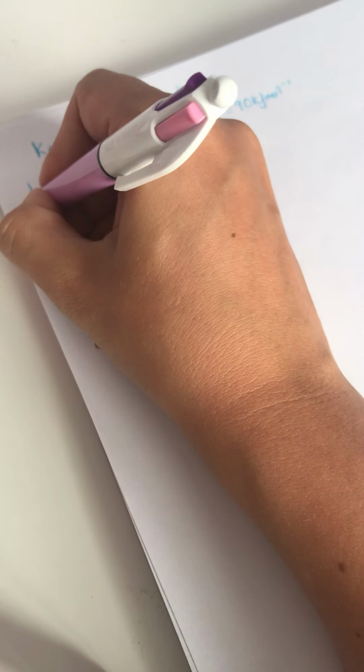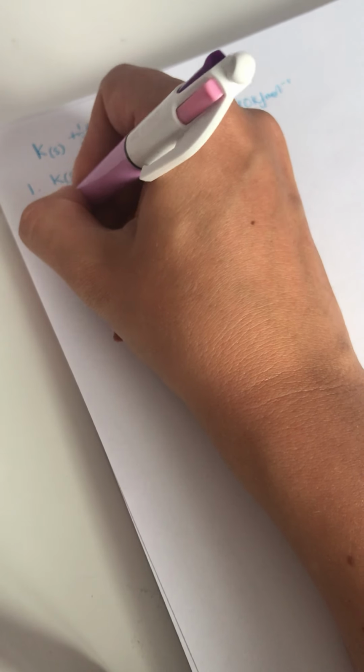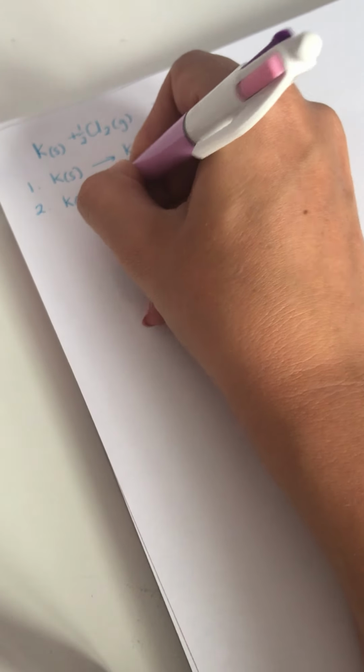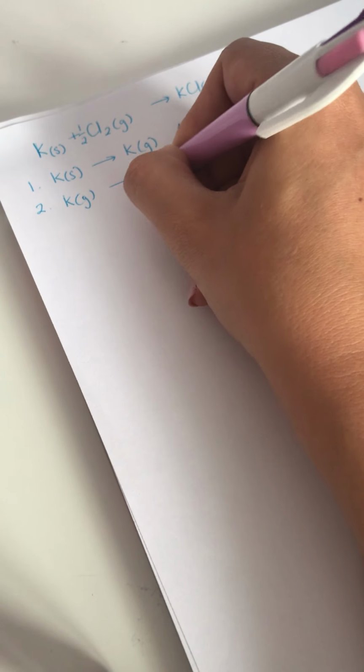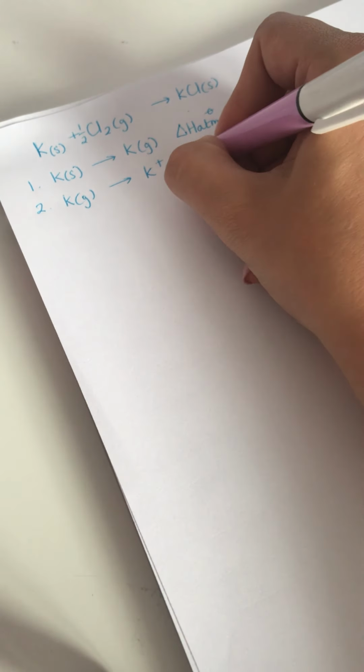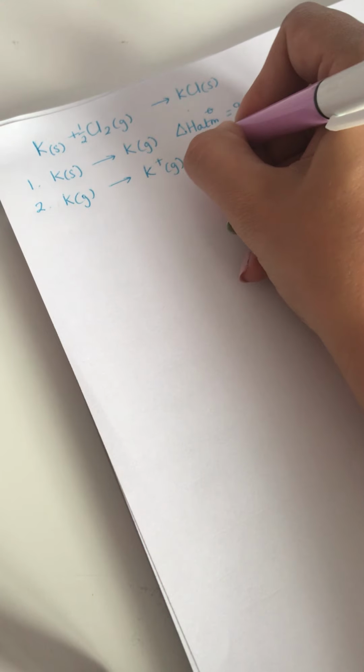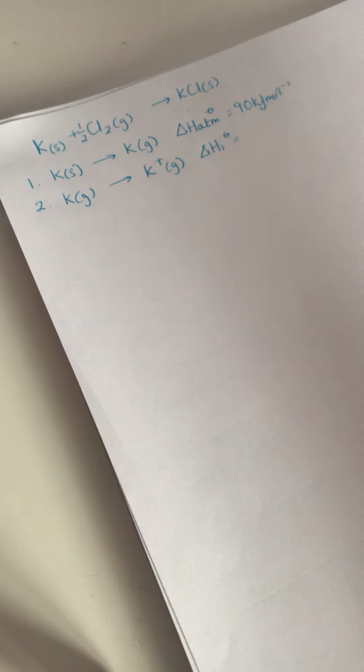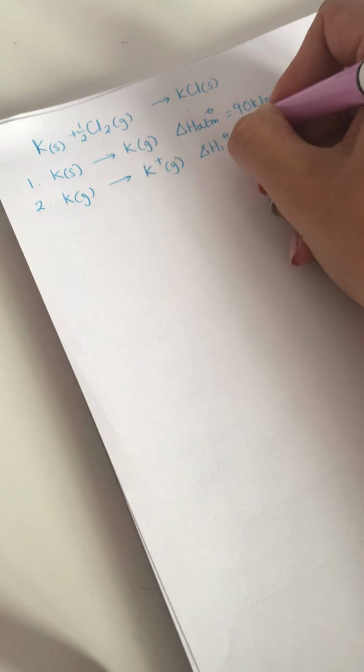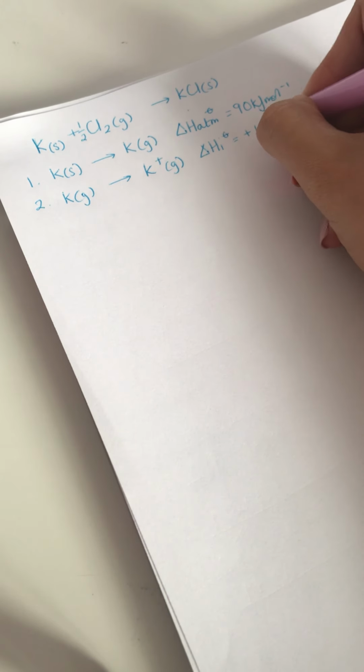Then what I need to do is convert that potassium in its gaseous form into a potassium ion. That will be the standard enthalpy of ionization, which, looking at the data, is plus 420 kilojoules per mole.